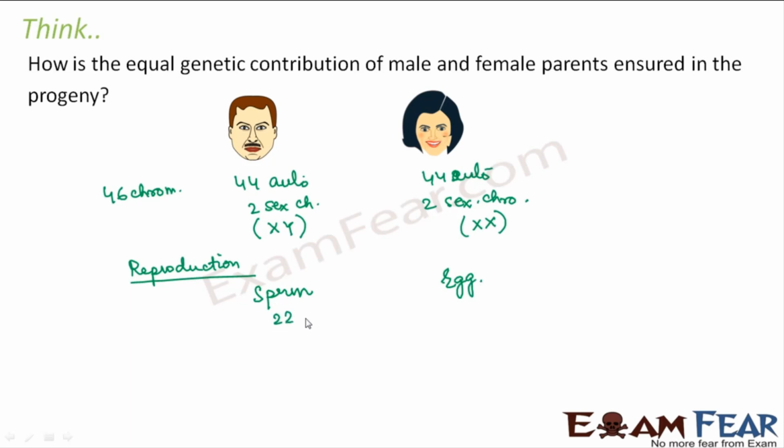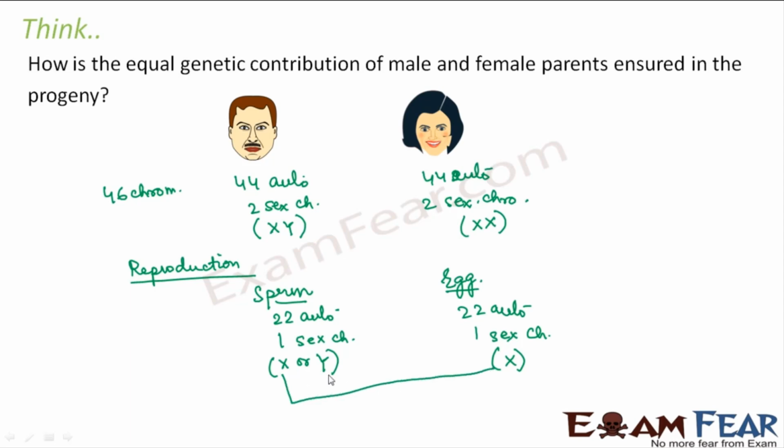This sperm cell will contain 22 autosomes and 1 sex chromosome, either X or Y. The egg will contain 22 autosomes and 1 sex chromosome, and this sex chromosome will always be X because it has only X. Now these two will combine to form the zygote. So there are two possibilities. In one, X will combine with X. In the other, Y will combine with X.